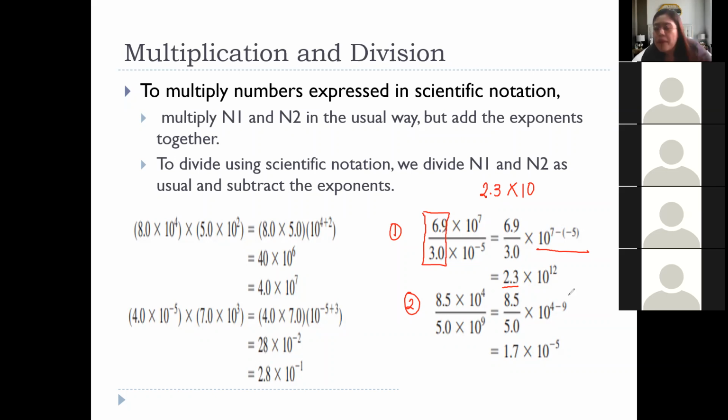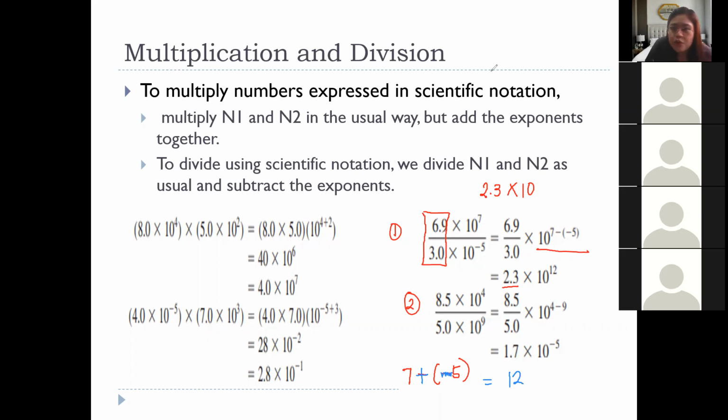In your mathematics, you learned this in high school. 7 minus negative 5, right? What happens here? It becomes addition, ma'am. Very good, it becomes addition and this becomes positive also. So 7 plus 5 is 12.